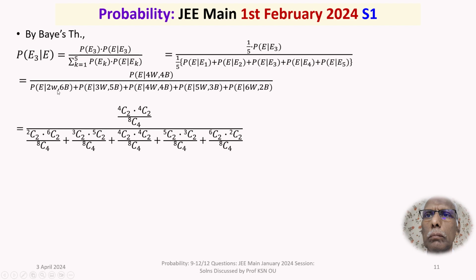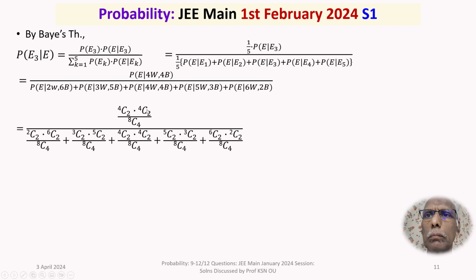Now in the case of 2 white and 6 black, it will be 2C2 multiplied by 6C2 by 8C4. In the case of 3 white and 5 black, it is 3C2 into 5C2 by 8C4. Like that. In this case, 4C2 multiplied by 4C2 by 8C4. The next case, 5C2 multiplied by 3C2 by 8C4. Last case, 6C2 multiplied by 2C2 by 8C4. In all these, the denominator is 8C4.